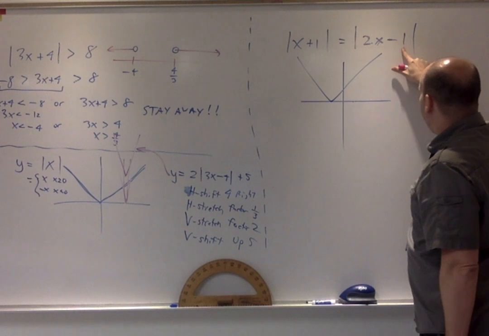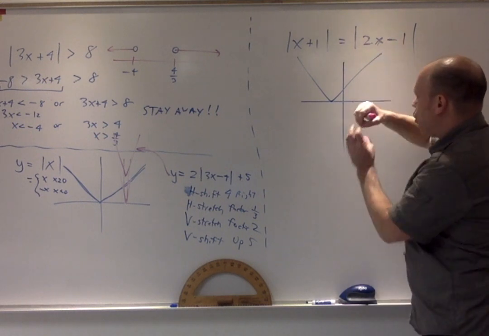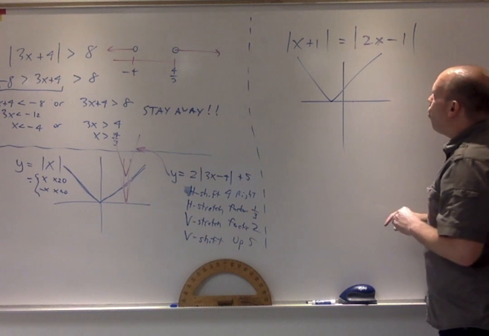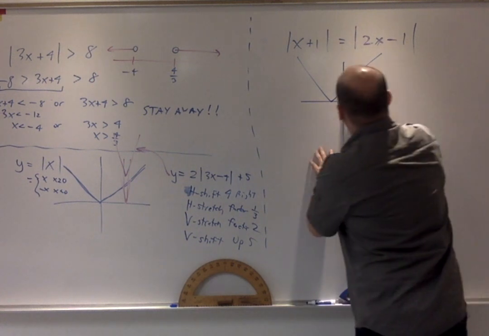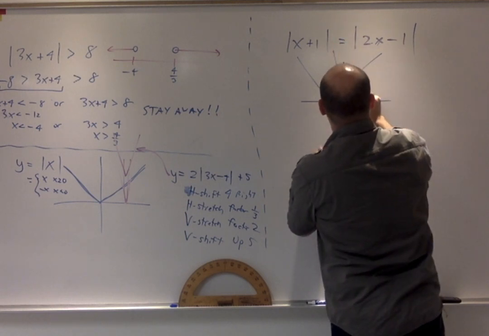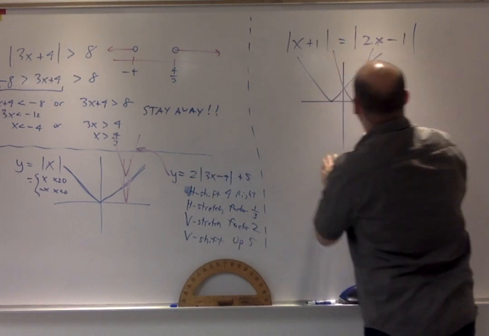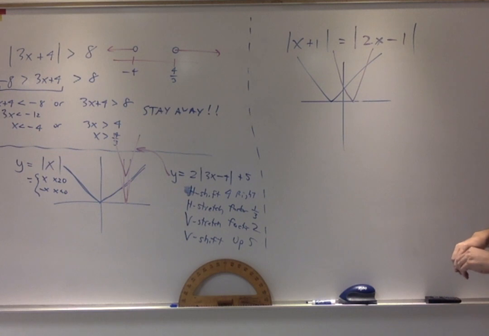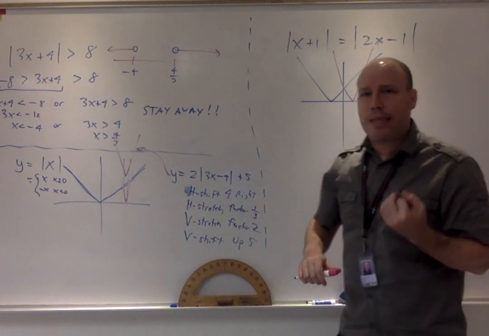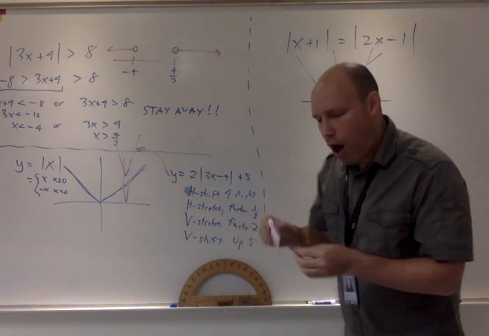So it's 1 to the right and a stretch of 2. Now the question is, what is the y-intercept? Well, it's also this. But it's a little skinnier here, so I know it goes like that. Okay? And so I can visually see what's going on here. I can visually see the equations I need to solve.